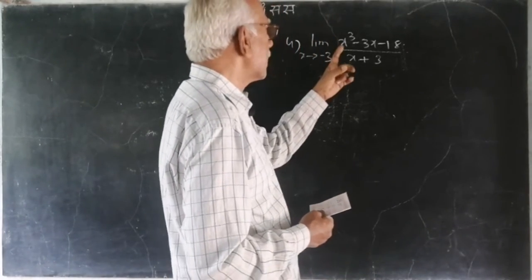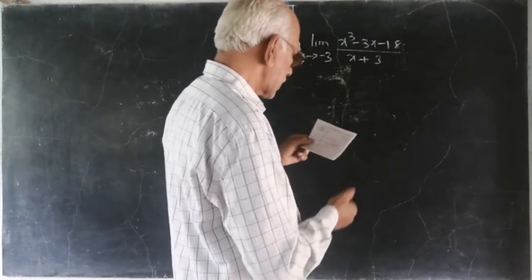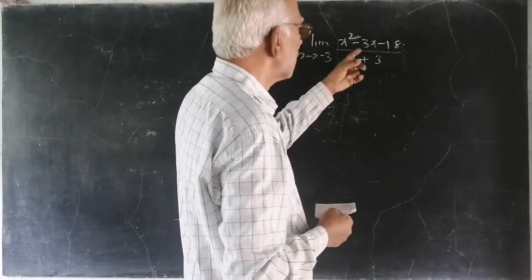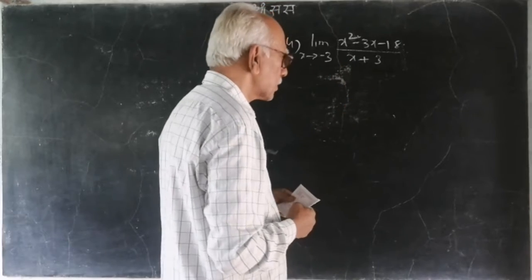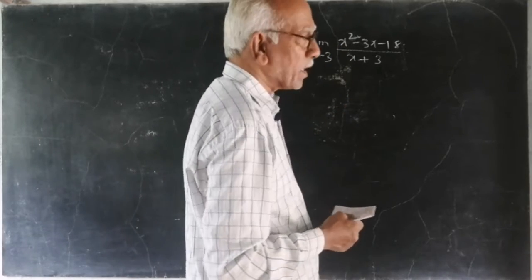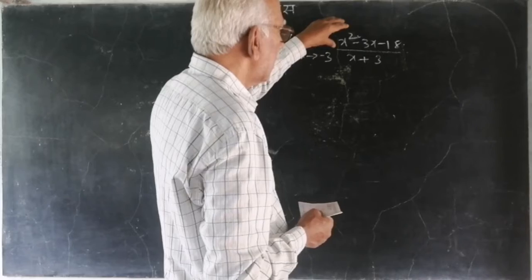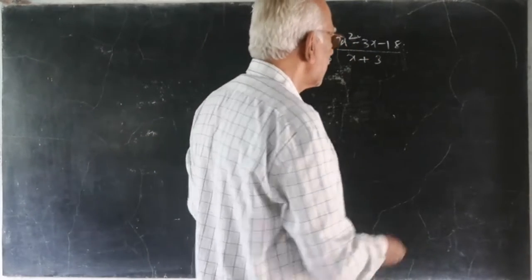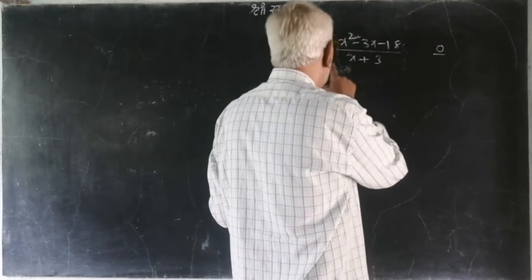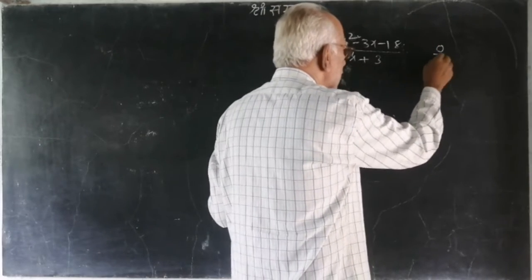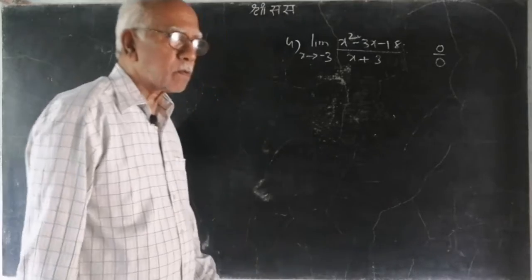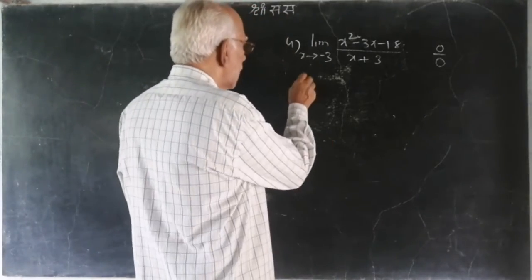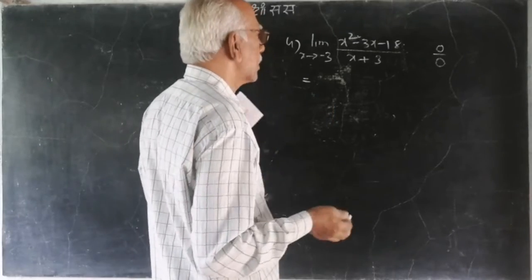If you substitute x equal to minus 3 in x square minus 3x minus 18 divided by x plus 3, it will be plus 9, and this will also be plus 9. 9 plus 9 is 18, 18 minus 18 is 0, and here minus 3 plus 3 is also 0. So it is in the form 0 by 0, and hence we have to continue because we don't get the value.